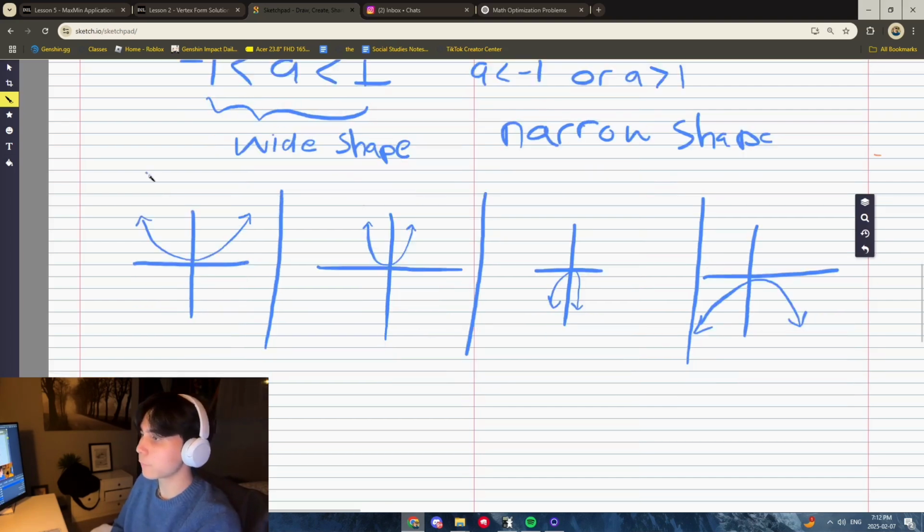You know that if it's a fraction near 0, it's going to have a wider opening. So if it has a wider opening, that means it's a decimal that starts with 0.